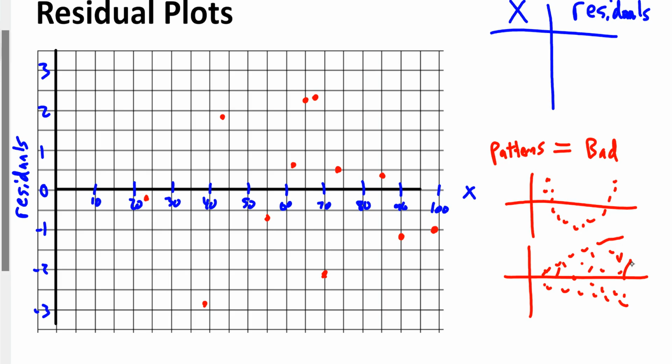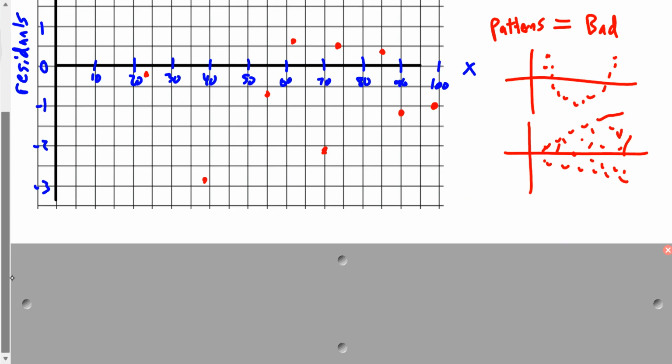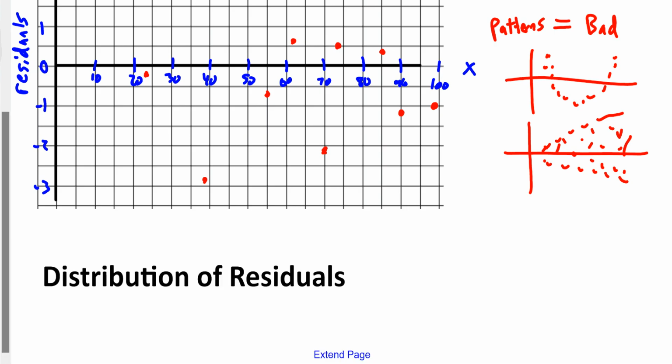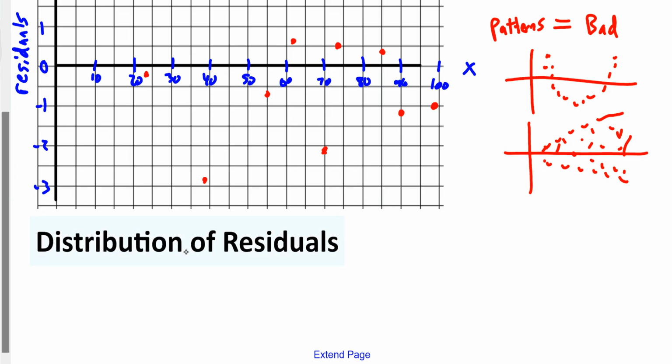Now, the last thing that you might need to go to, and sometimes we actually will in this unit, is a residual distribution. Okay, we're taking what we're looking at here and just trying to put them kind of sideways, so to speak.